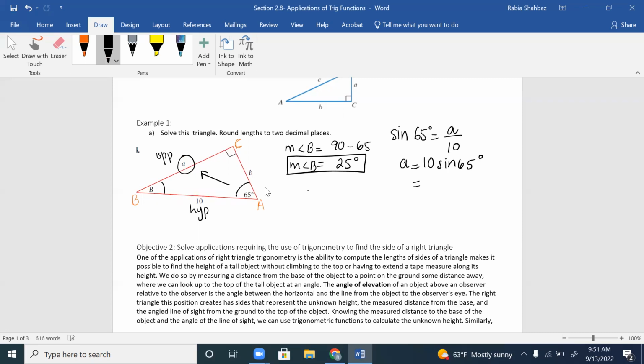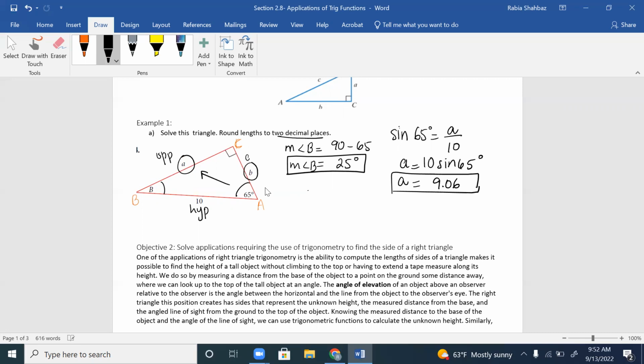When you put it in your calculator, make sure that you are in degree mode. So let's put it in. I got 9.06 because the question is asking me to round to 2 decimal places. There's no unit given here. Otherwise, I would put the unit.